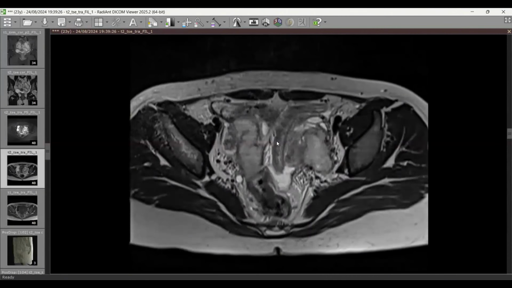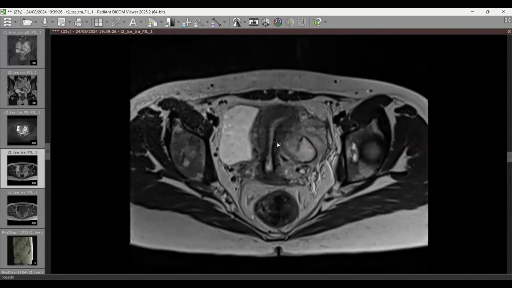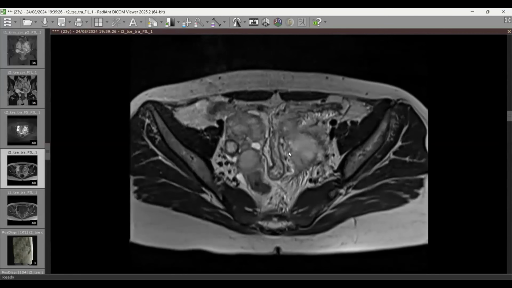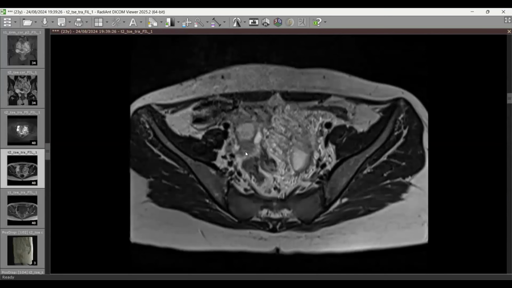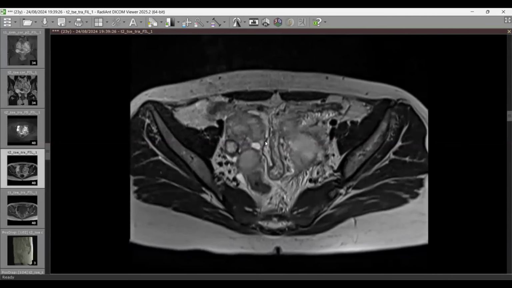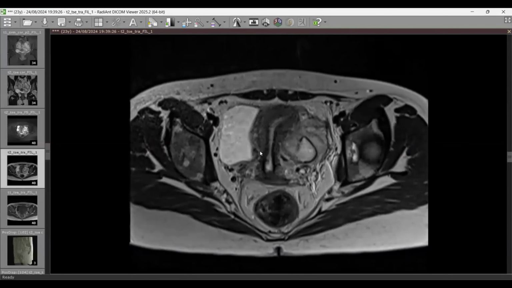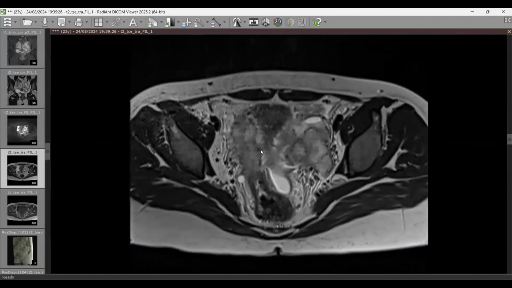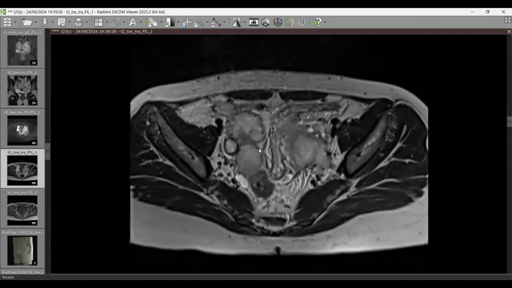The uterus appears unremarkable, and there is soft tissue density seen involving the right adnexa.